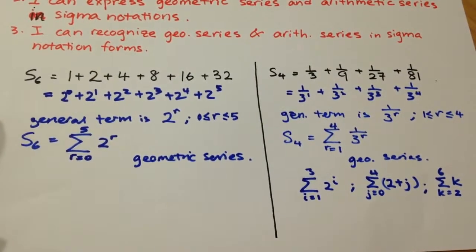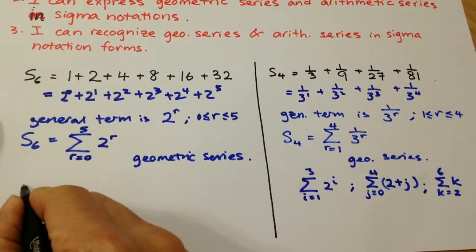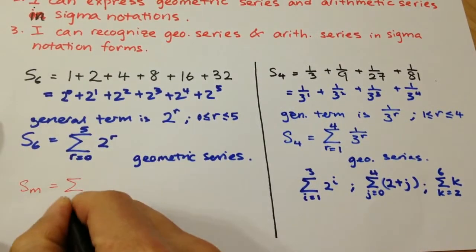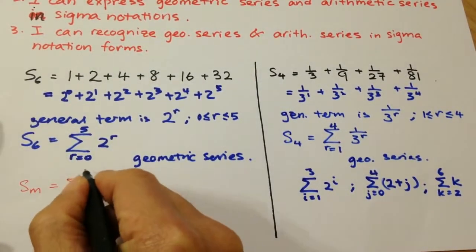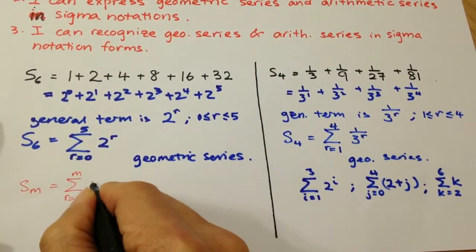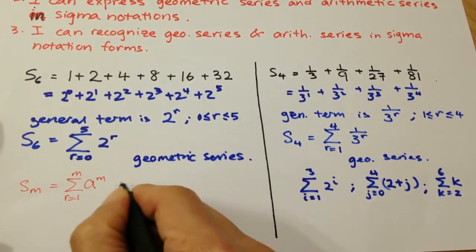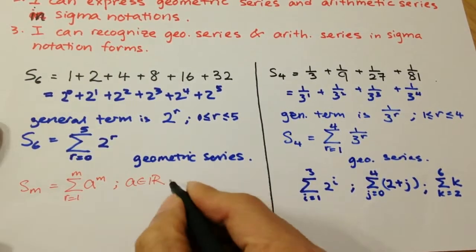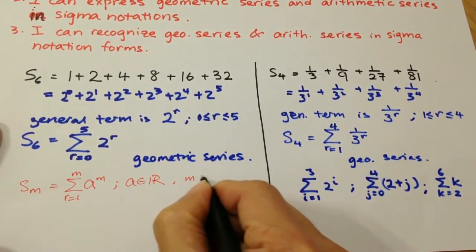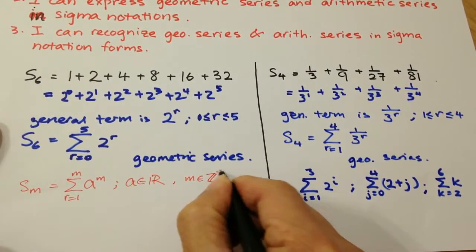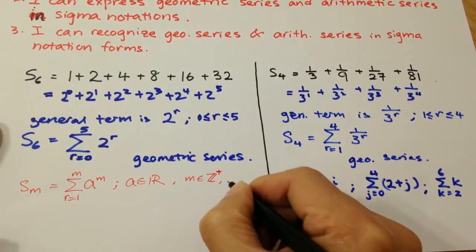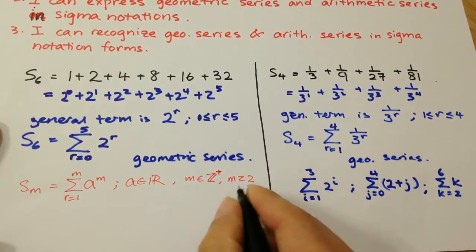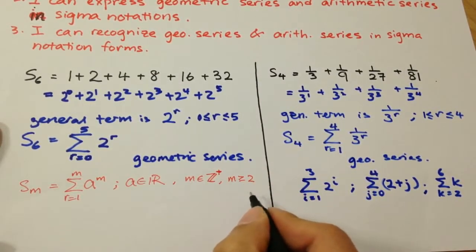You should be able to recognize a sigma notation of this particular form, for example, i equal to 1 to m of a to the power of i, where a is any real number and m here is a positive integer. For convenience, we let m be an integer larger than or equal to 2.